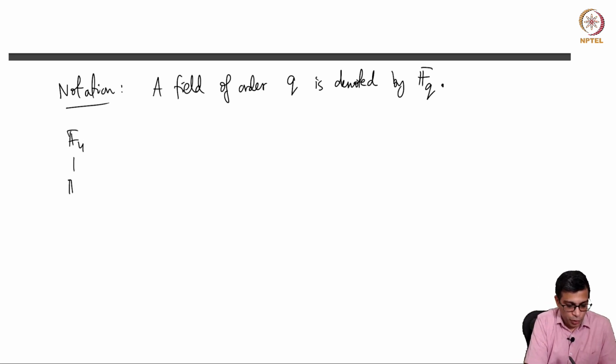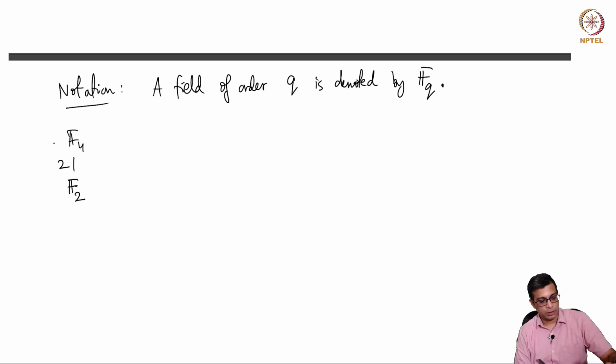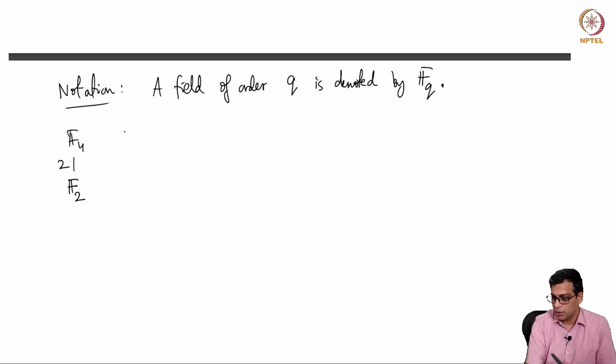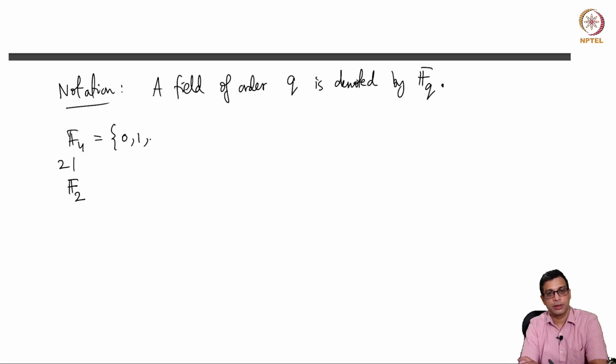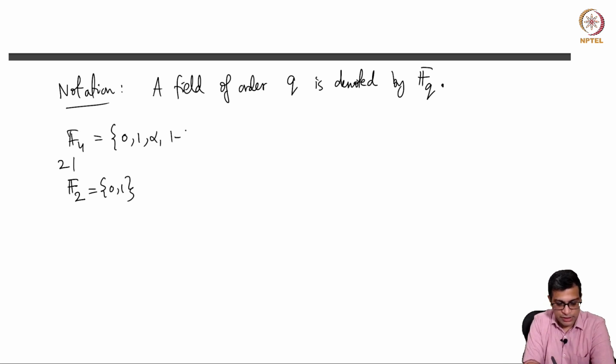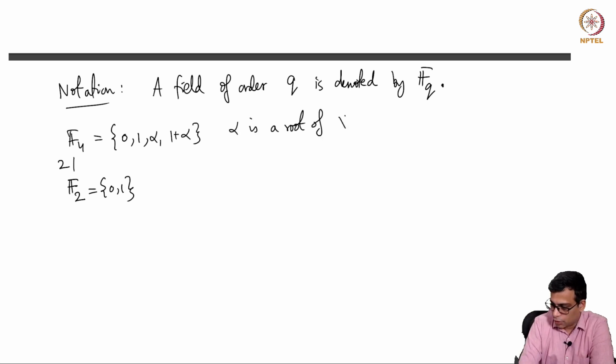So now what is F4? F4 must be an extension of degree 2 because the number of elements of F4 will be 2 power 2. So this is a degree 2 extension. 0 and 1 are always there, of course, but the new elements can be denoted by alpha and 1 plus alpha, or 1 minus alpha, where alpha is a root of x squared plus x plus 1.